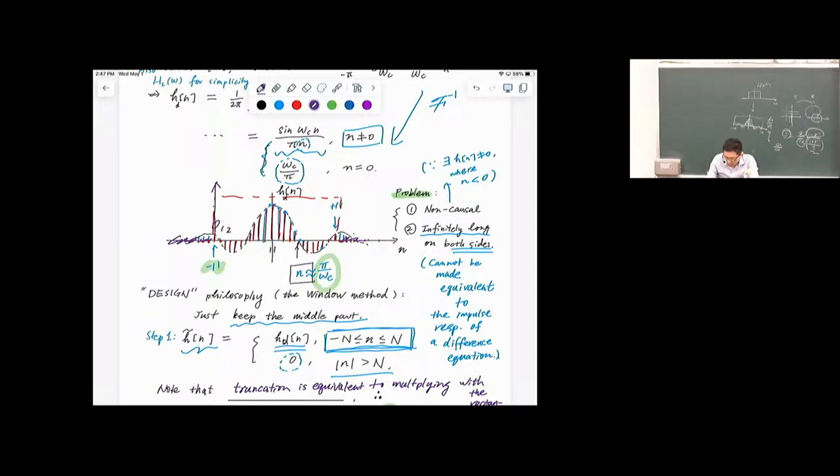The last non-zero sample right here becomes time 22. The time range was -11 to +11, but after shifting the time becomes from 0 to 22. That's where our impulse response can be non-zero, and it's a finite impulse response. We have finitely many non-zero samples.